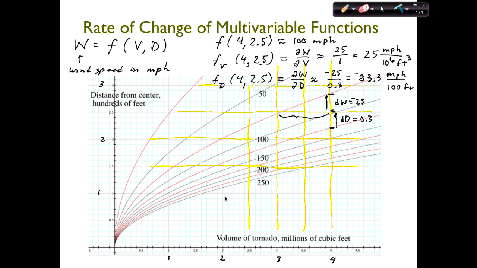Okay, so estimate the new wind speed when dV is negative 0.4, sorry.